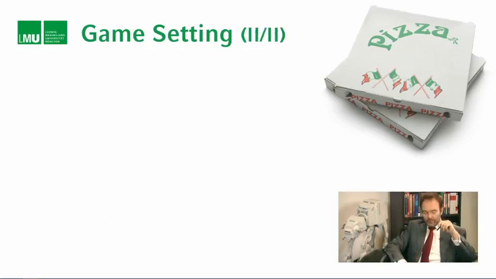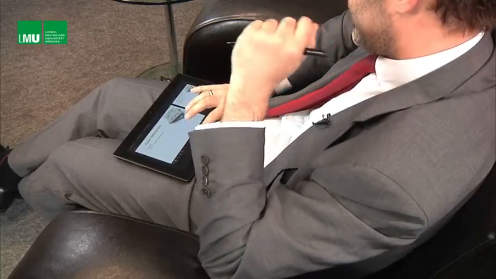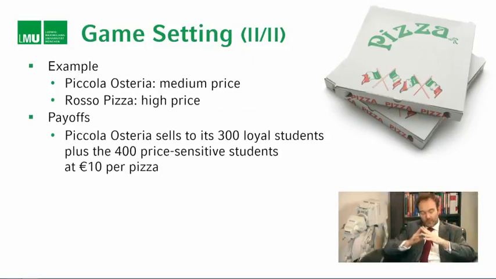Let's now look at payoffs as an example. We just assume that there's no cost of producing pizza, so the 10 euros or 12 euros are basically gross profit margins. So if Piccola Osteria charges a medium price and Rosso Pizza charges a high price, then the payoff for Piccola Osteria is that they sell to their 300 loyal students, plus the 400 students that are price sensitive because they will go for the lower price.